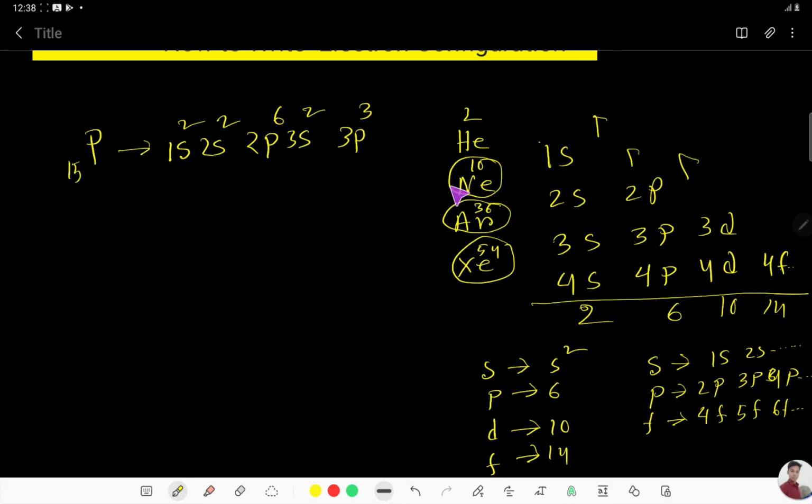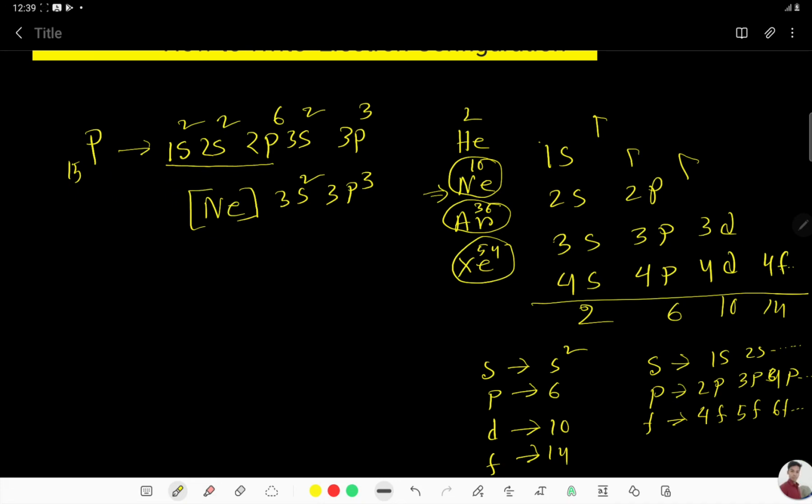This should be neon, its atomic number is 10, but argon is higher. So neon is the best element, right? Let us count these 10 electrons: 2, 4, 6, 10. This is the electron configuration of neon. So write neon like this. Then you have 3s2, 3p3. So this is the noble gas electron configuration of phosphorus, right?